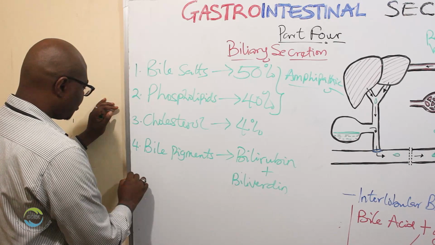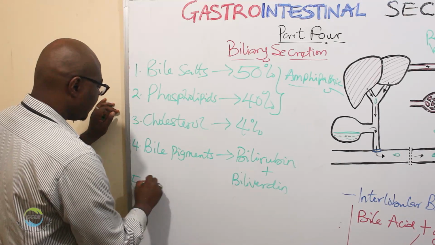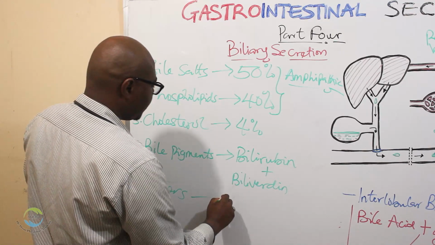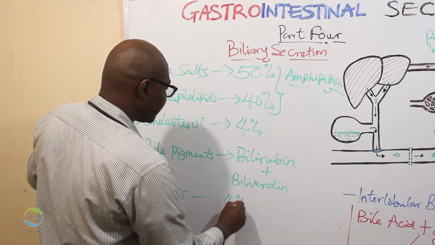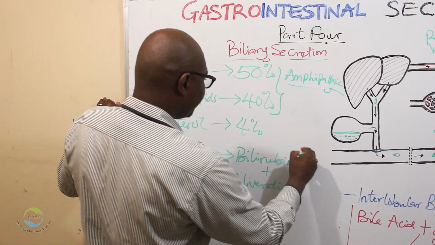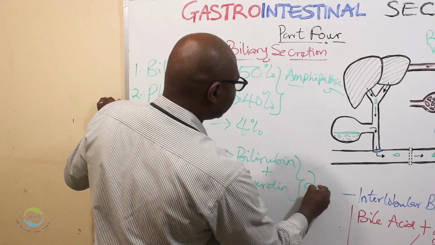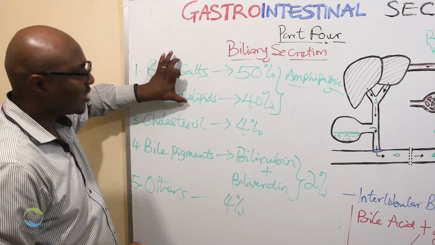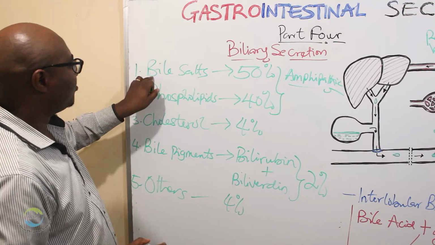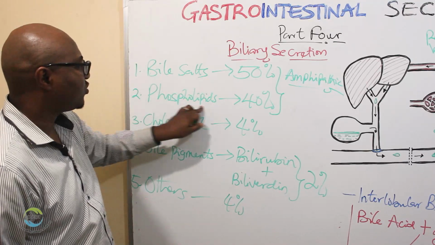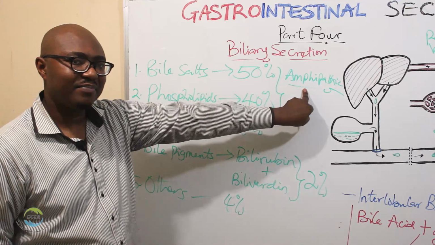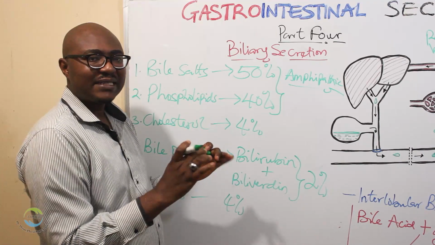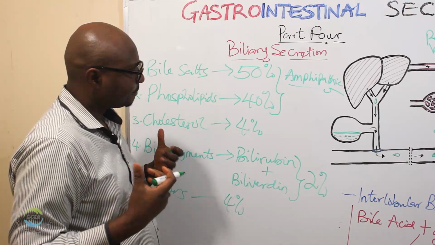Then other constituents, so many others. This one is about 2%. So add everything together, 100%. But the two main constituents of bile are bile salt and phospholipids, and both of them are amphipathic. They have the hydrophilic part and the hydrophobic part.